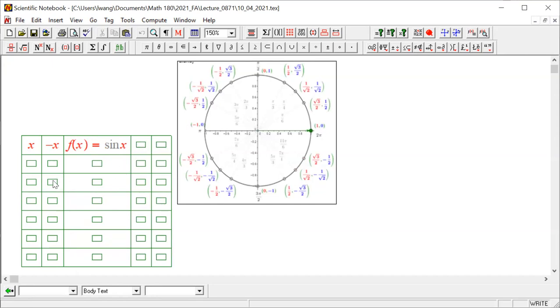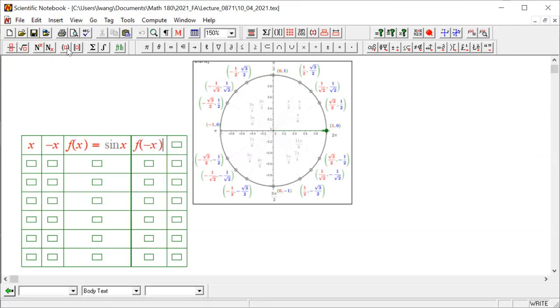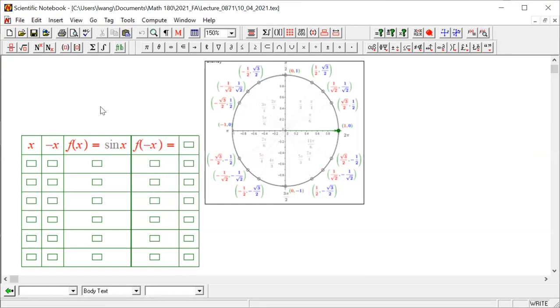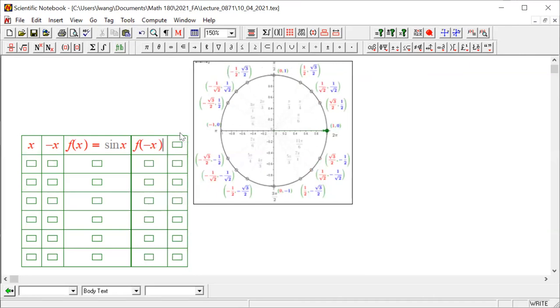And I'm going to give you some values and introduce some ways that we use the function. And f of negative x equals, you know what that is, right?